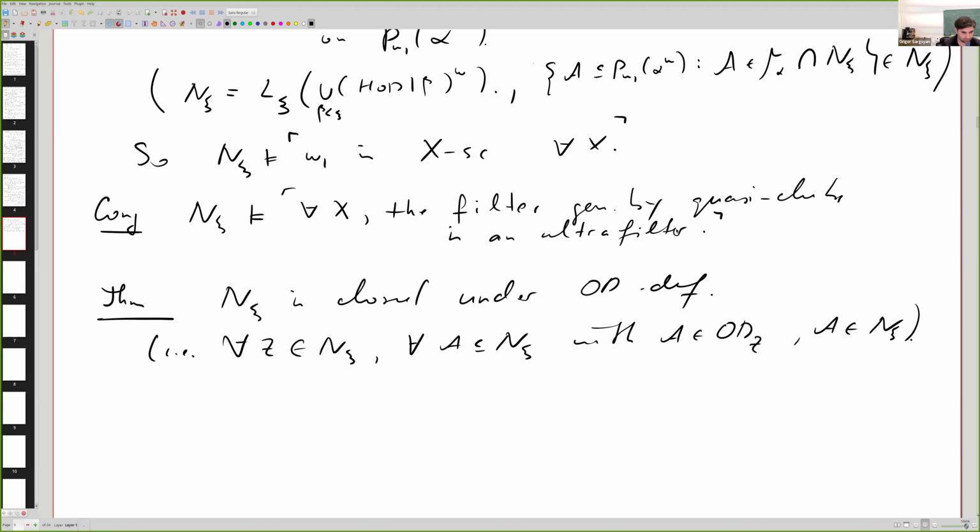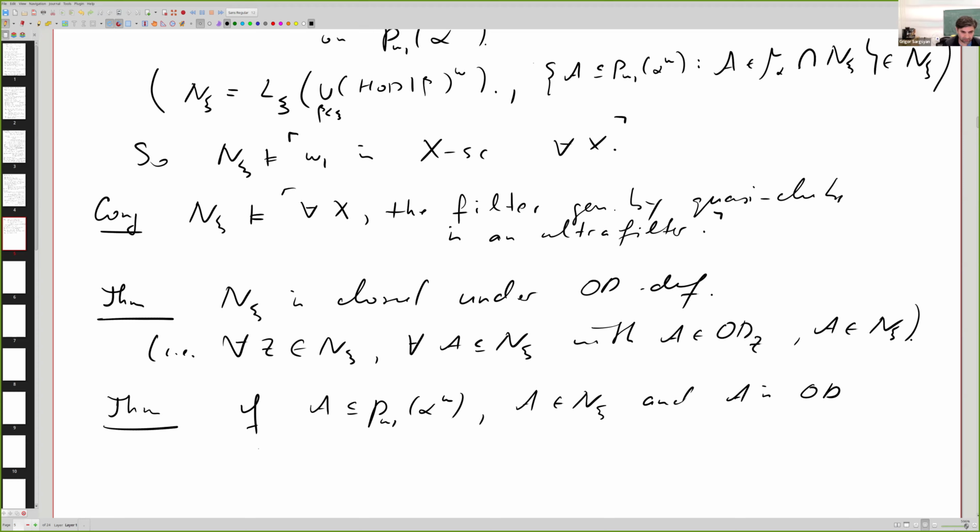To give you some evidence, at the moment we can prove that it's true for OD sets. If A is a subset of P omega 1 alpha to the omega, A is in N xi, and A is OD, then N xi thinks A or A complement contains a quasi-club.